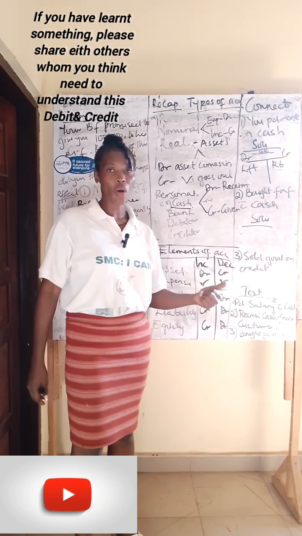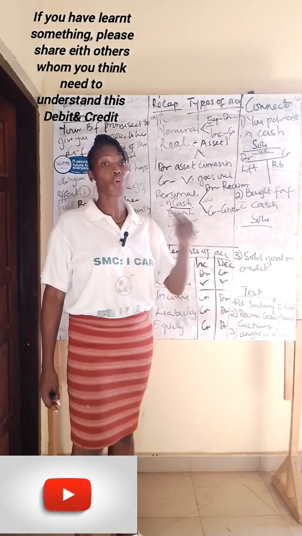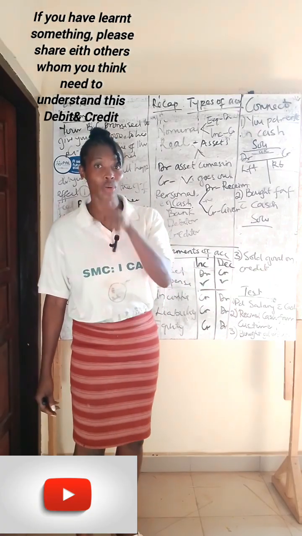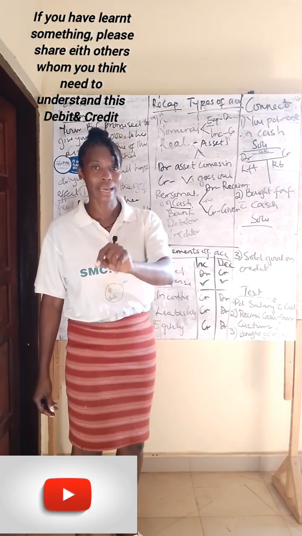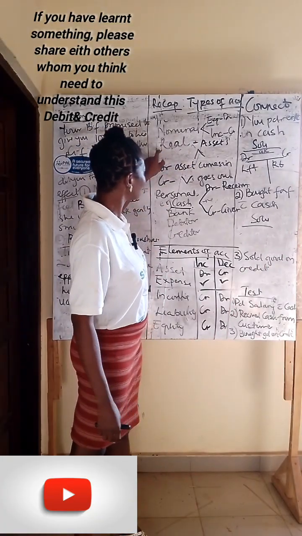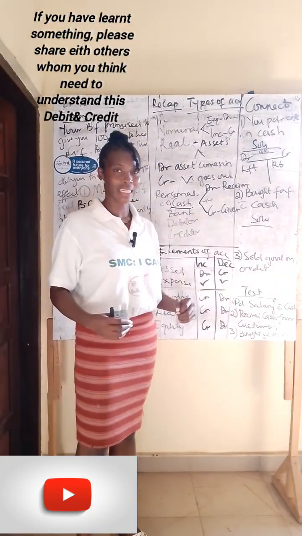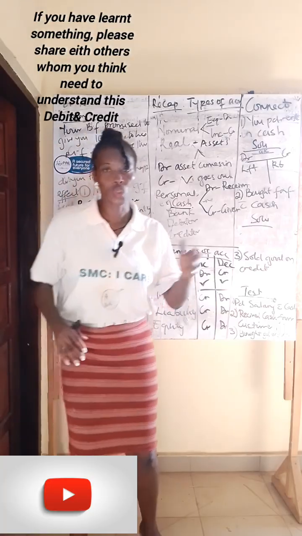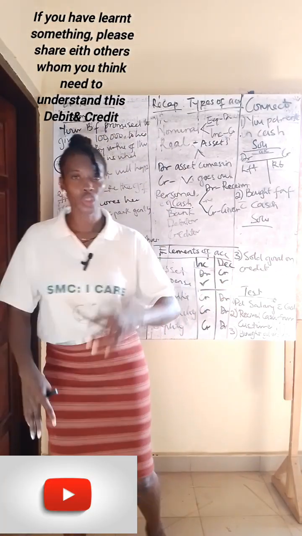Whenever you have your income or your sales, you credit the income account or the sales account, as the case may be. So that is the law for nominal account. Every account has a law guiding it. What do you debit? What do you credit?